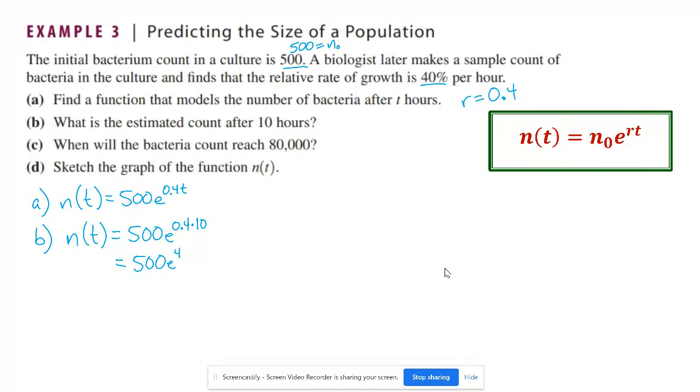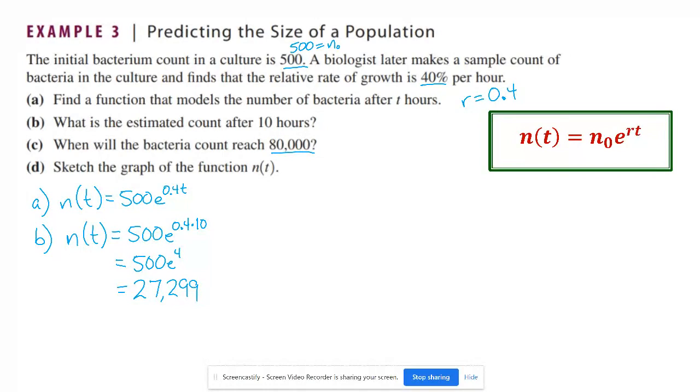When I do that, I find that this amount is approximately 27,299. So after 10 hours, 500 bacteria growing at 40% per hour becomes 27,299 bacteria, approximately.